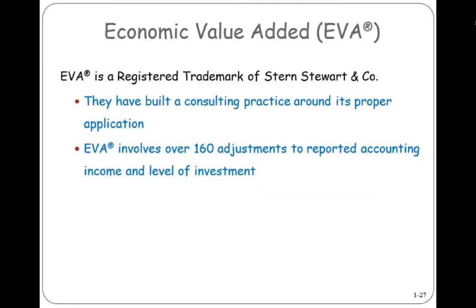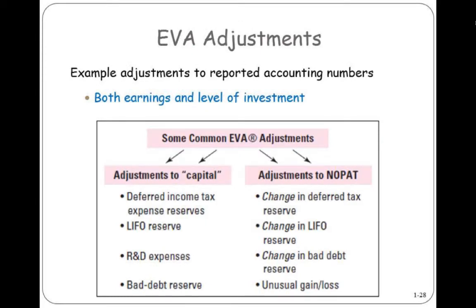Stern Stewart is the consulting firm. I give you this little registered trademark here because it is one, which is why we won't talk about it too much, because we don't need to sell Stern Stewart's business. So they have over 160 adjustments that they make. And some example adjustments that I think come from your textbook.